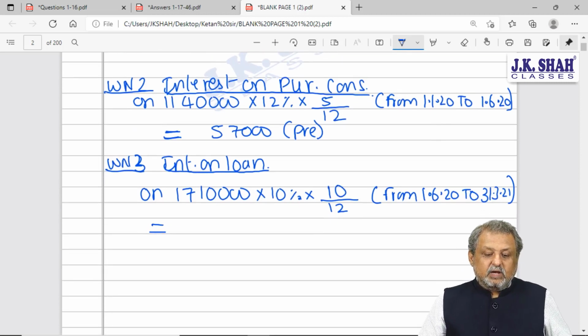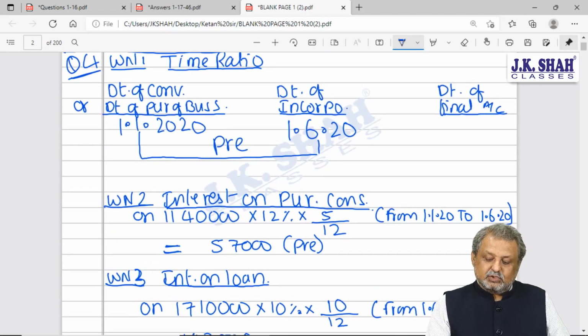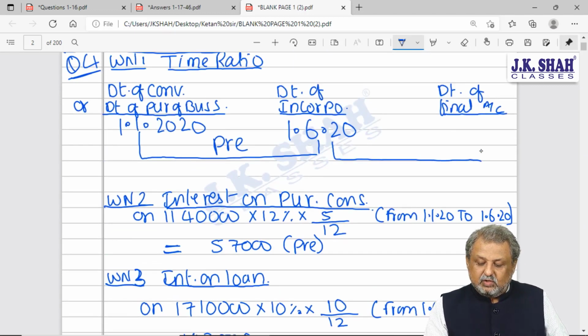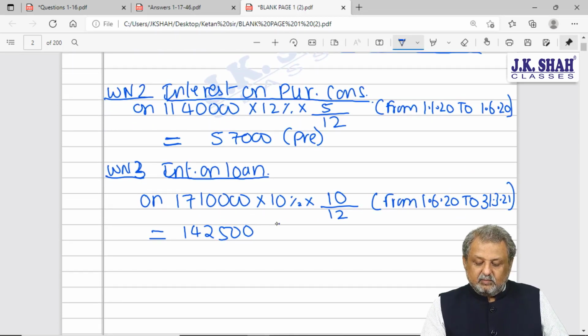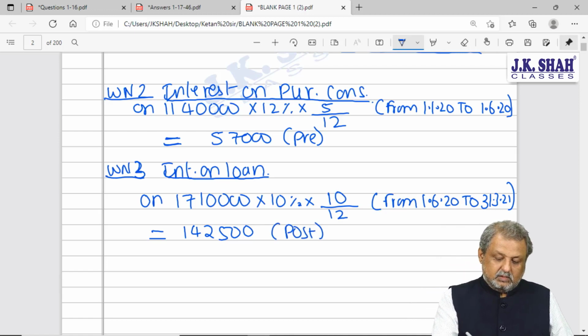So calculate and tell me on 17,10,000 at 10% for 10 months. 1,42,500. And this is after 1st June. Look at the time ratio. After 1st June it is post period. So interest on loan will come in post period. Understood?